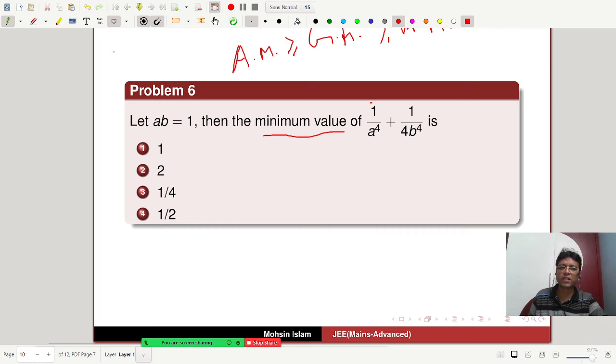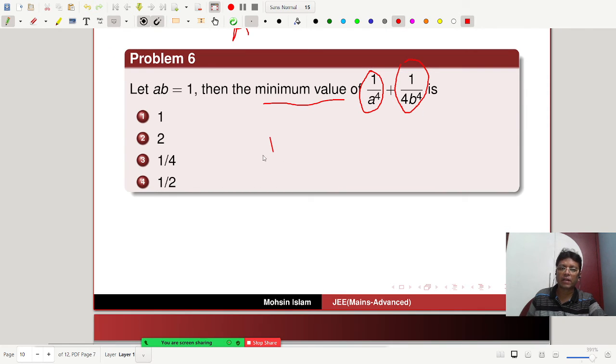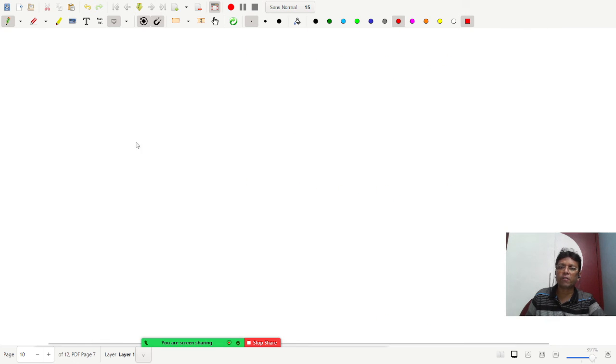So you can easily see that 1 by a to the power 4 is one of the numbers and 1 by 4 b to the power 4 is another number. So I am considering two numbers actually. So let's take two positive numbers, 1 over a to the power 4 and 1 over 4 b to the power 4.